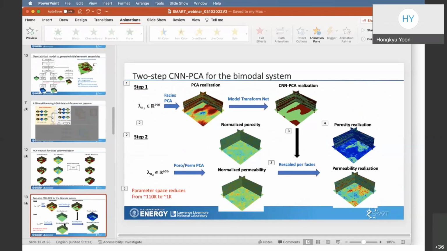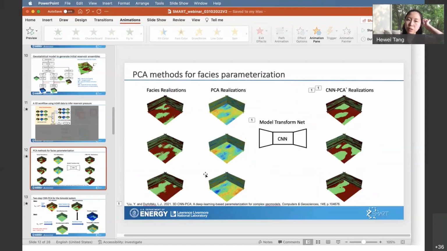Yes, thank you, Hongkyu. We have explored GAN on our side, and maybe our neural network is not developed that advanced, so we do observe some issues in using GAN, like the flow behavior is not really good. It cannot really represent the initial realization.